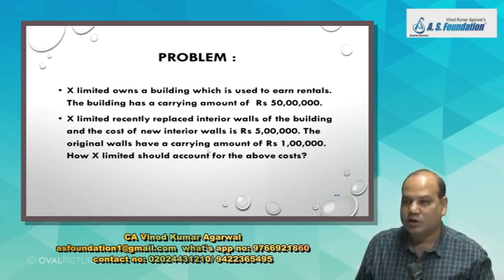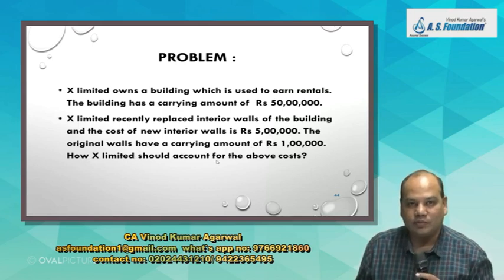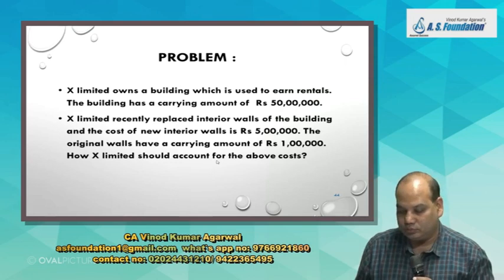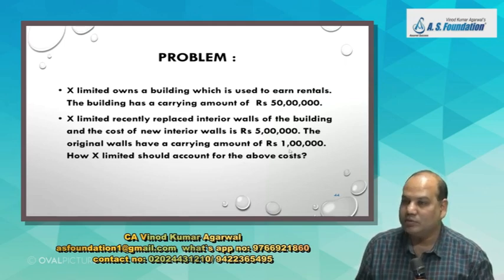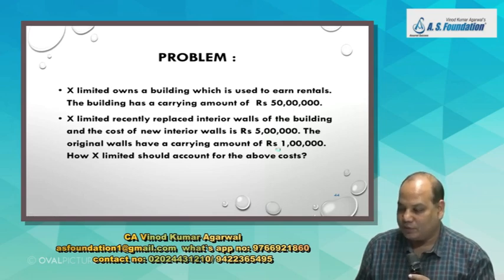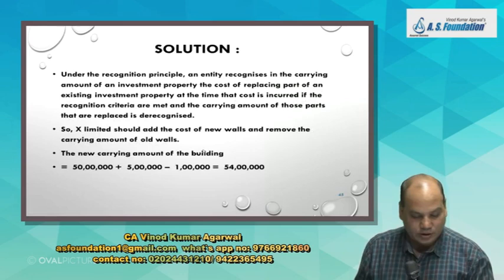The original walls have a carrying amount of rupees 1 lakh. How should X Limited account for the above cost? Right. What about this 5 lakh? Capitalize. This 1 lakh, derecognize. So what will be the revised carrying amount of this building? 54 lakh. So write down the answer.